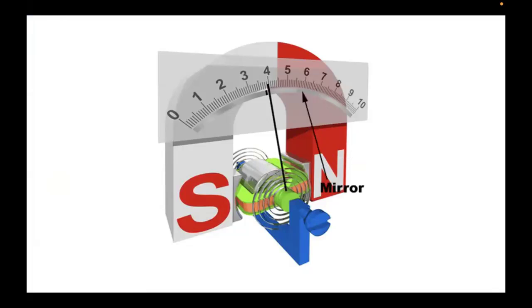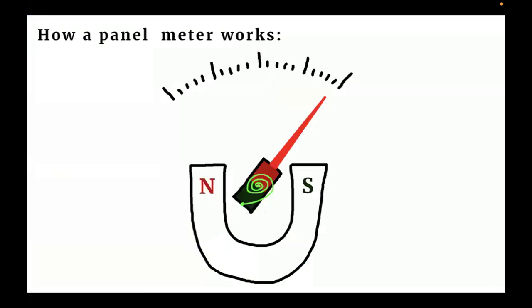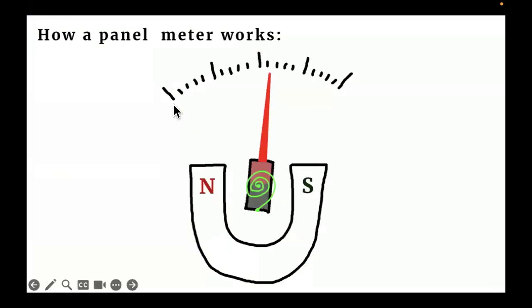So this is simply the process, starting from a zero point on the scale, which is the default value of the spring. Whenever there is a current and there is a magnetic field, the pointer will start to move.